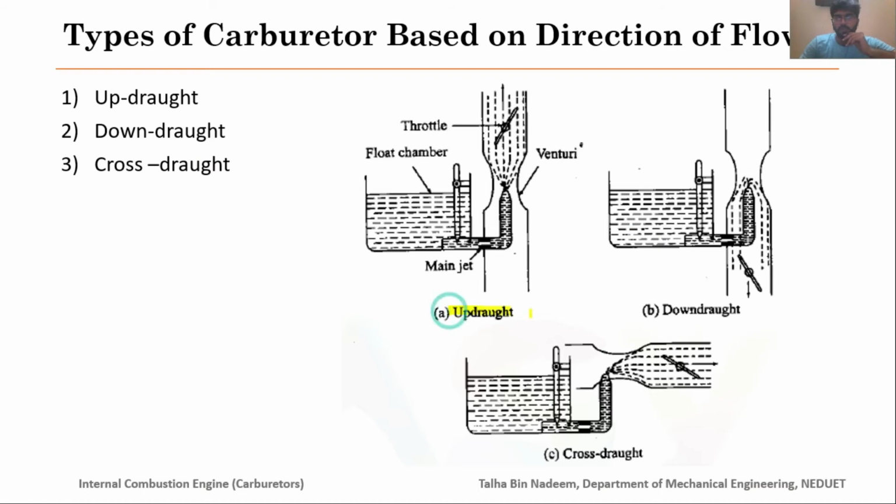So here you can see updraft. In this updraft type carburetor, the air is flowing from the bottom, and then it will go to the upward section, and then into your intake manifold and the combustion chamber. Here you can see that the air is taking the fuel along with it, and it is happening because of the air friction. So the air friction should be such that it will take the fuel along with it.